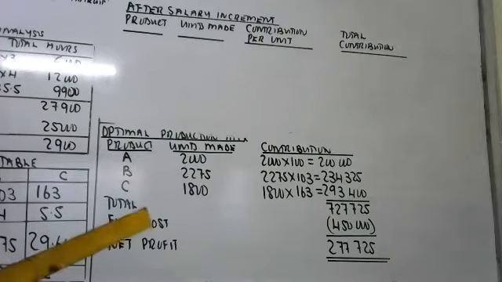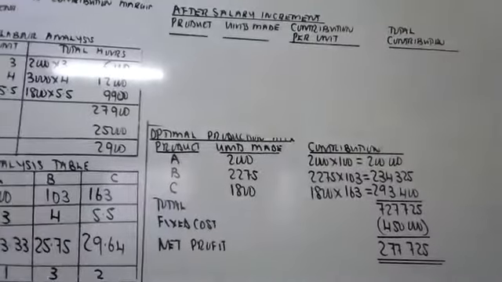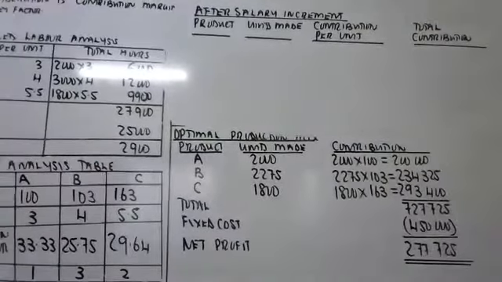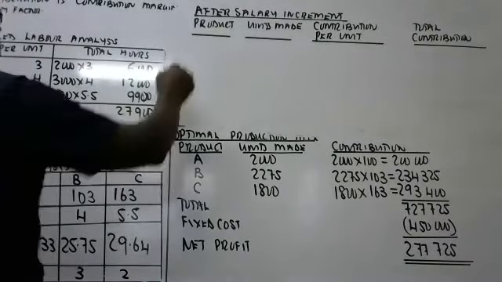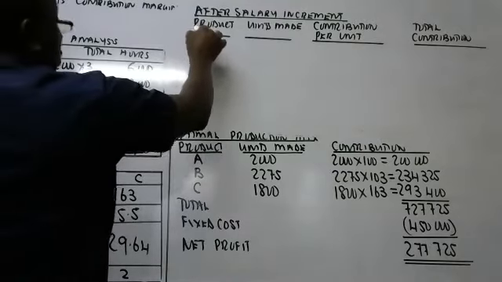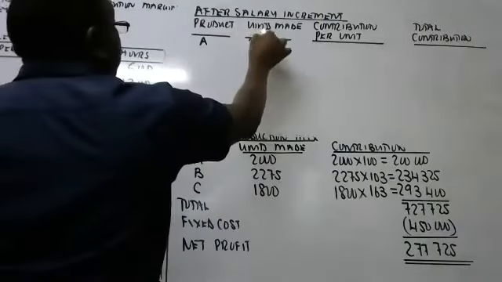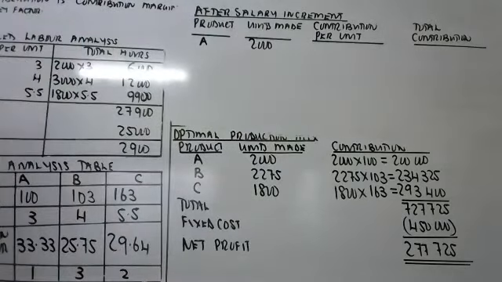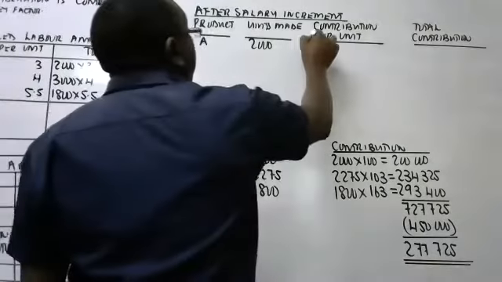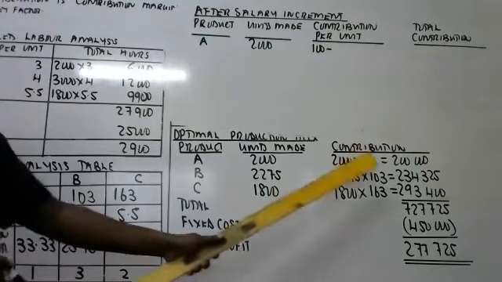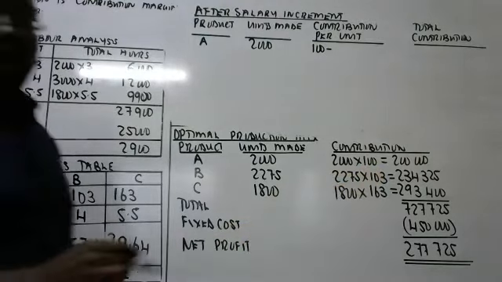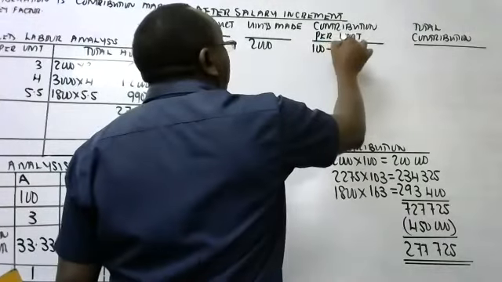So what will happen is this. For product A, we will be able to make 2,000 units as usual. But the contribution margin will go down from 100, because that was the current, by 4 shillings per hour.